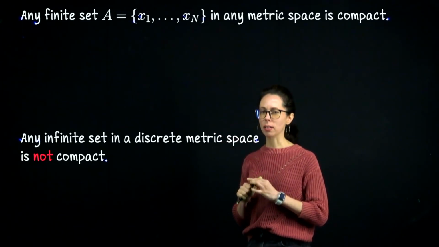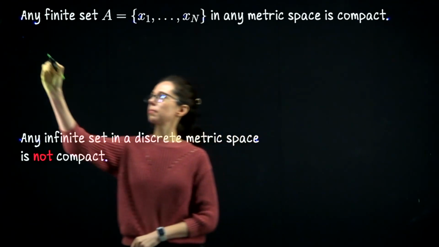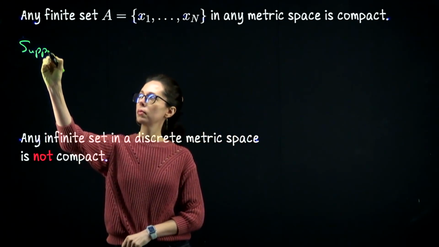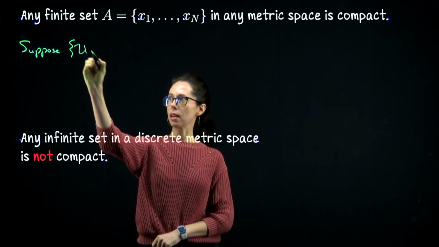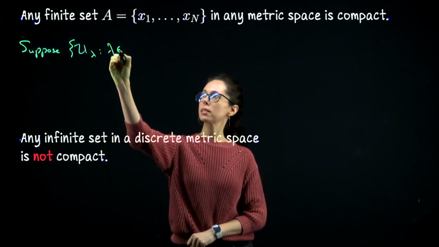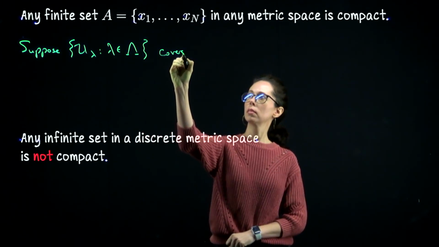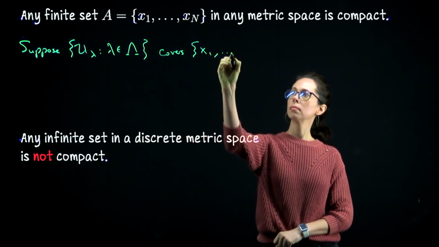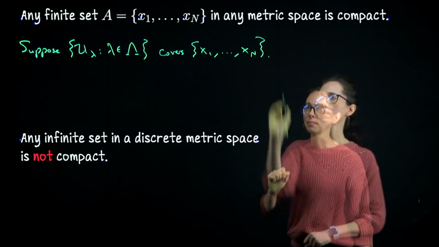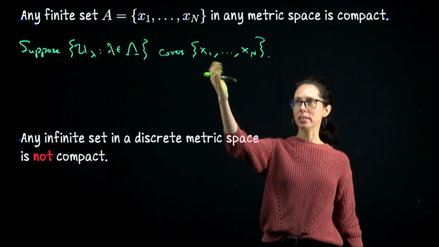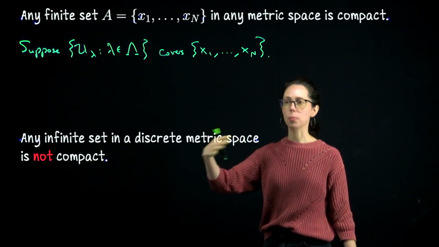I can probably write that down. I'm going to do it pretty concisely. Suppose this is some collection of open sets covering this finite set. I'm going to use this subscripting here to indicate how the finite subcover should be constructed.